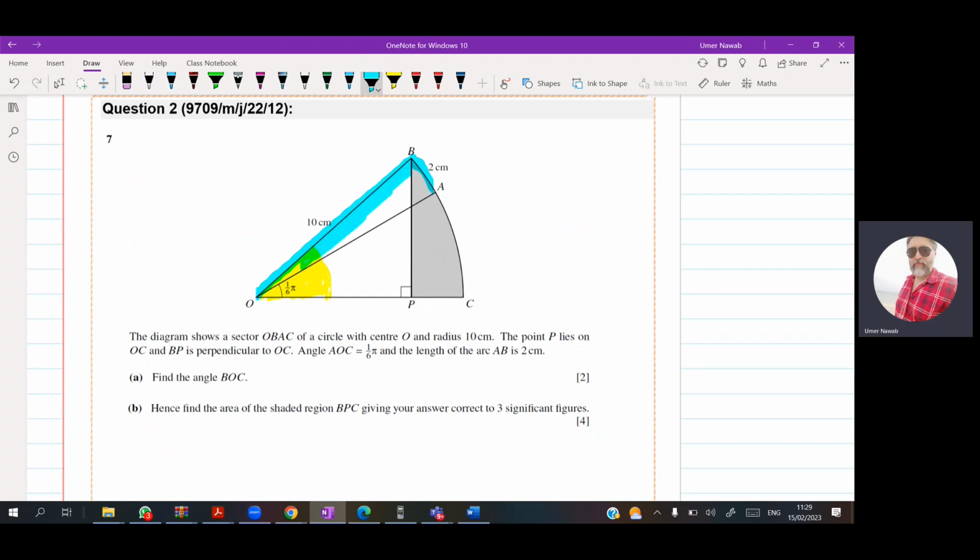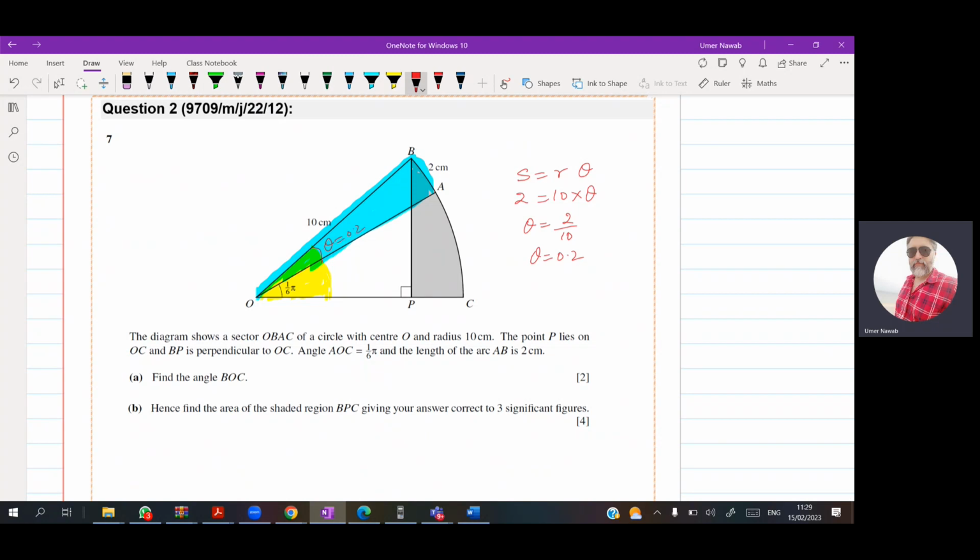I can concentrate on this sector to find this angle. So let's try to apply S is equals to R theta. S is 2, R is 10, and theta I want to find. So theta is equals to 2 over 10, which is 0.2.